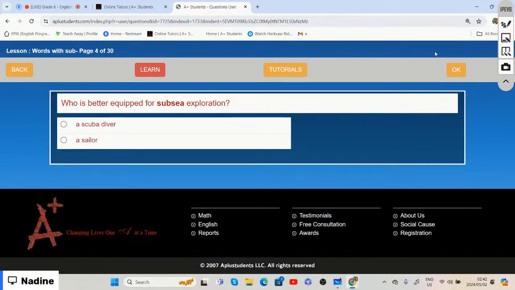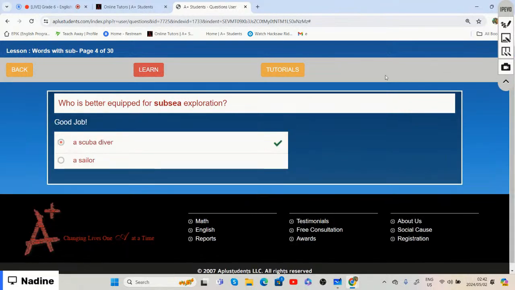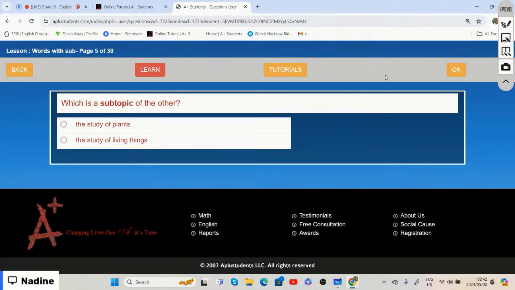So, who is better equipped for subsea exploration? All right, so we can say a scuba diver, because scuba divers go underwater. They deal mainly with things under the water. A sailor stays afloat, on top of the water in his ship, his boat, his sailboat. So a scuba diver goes deep underneath. Well done.